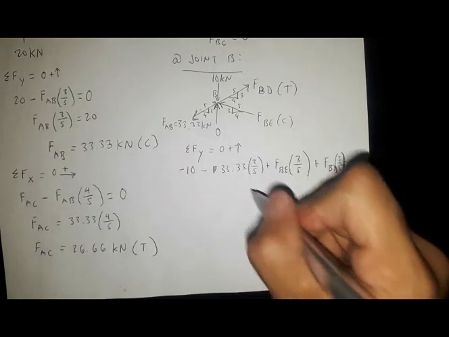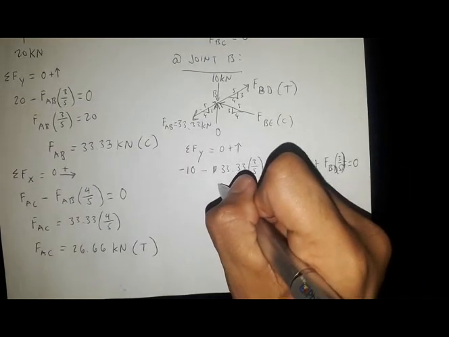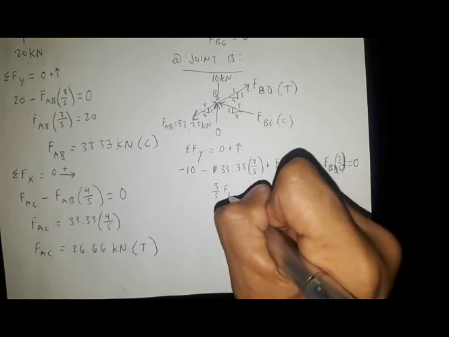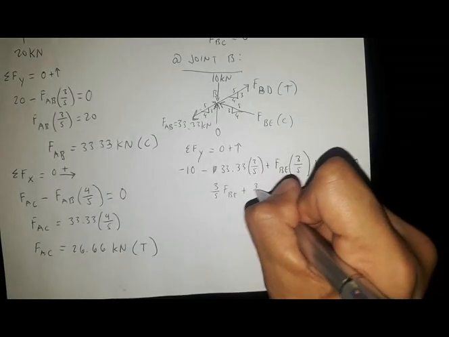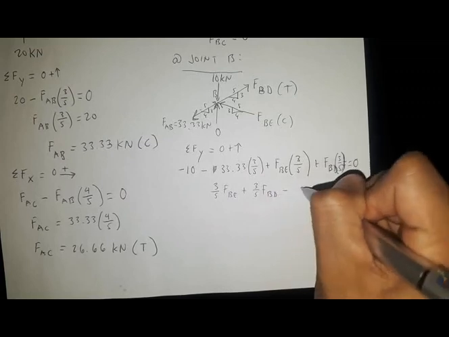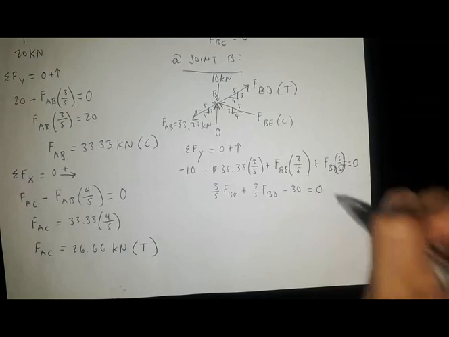So we have here, writing the equation, 3/5 FBE plus 3/5 FBD minus 30 equals 0.